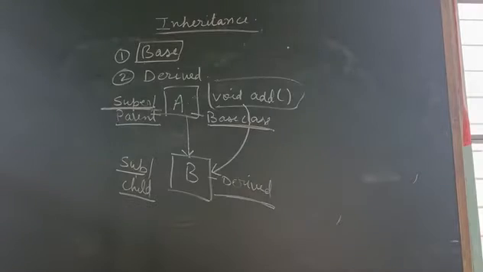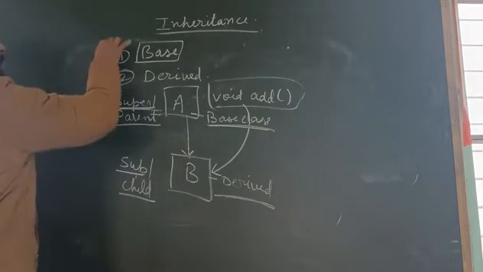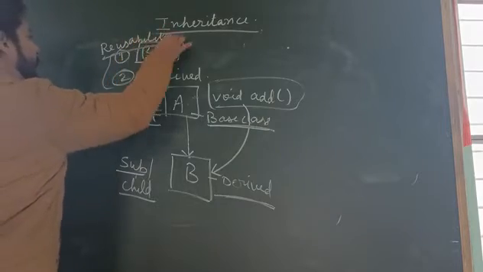So what is inheritance? Inheritance is a process that acquires the properties of one class from another class. That means one class takes the properties of another class. The properties here mean functions, data variables, member functions, and constructors. These are all inherited, meaning they are used. So inheritance also follows the property of reusability.